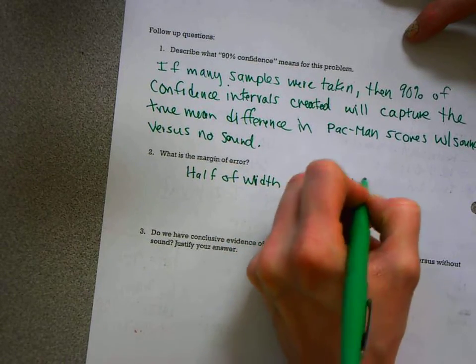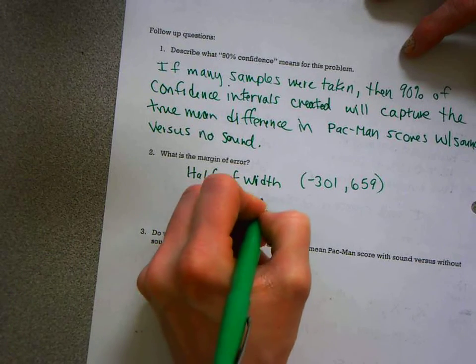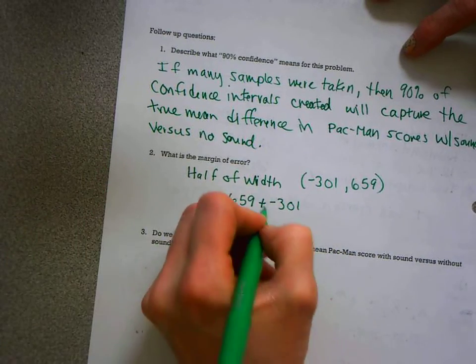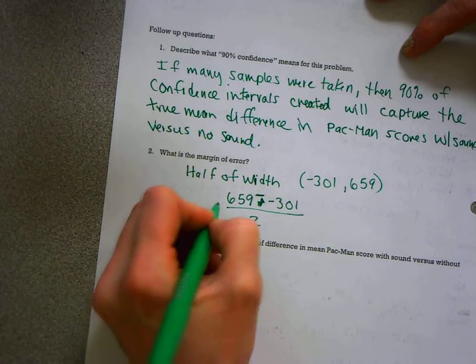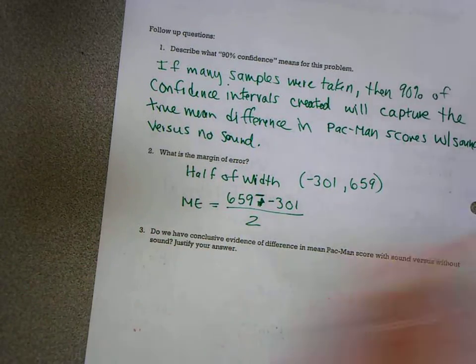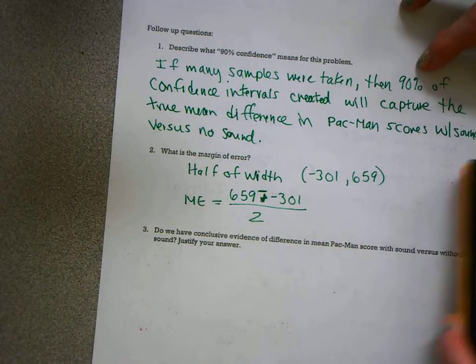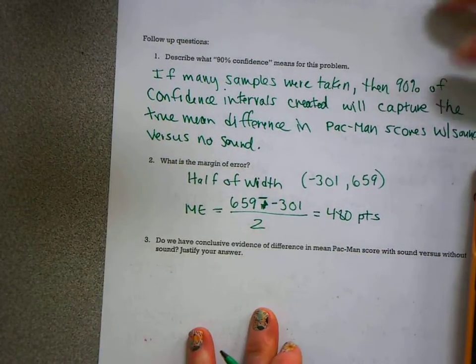So one thing you can do to find the width is add the ends, and, I'm sorry, not add the ends, that's averaging. Subtract them and divide by 2. That would be your margin of error. So careful there, you're subtracting a negative. So 659 plus 301, enter, divide by 2. So we already knew that our margin of error was 480. Just another way to calculate it if I have the interval first.